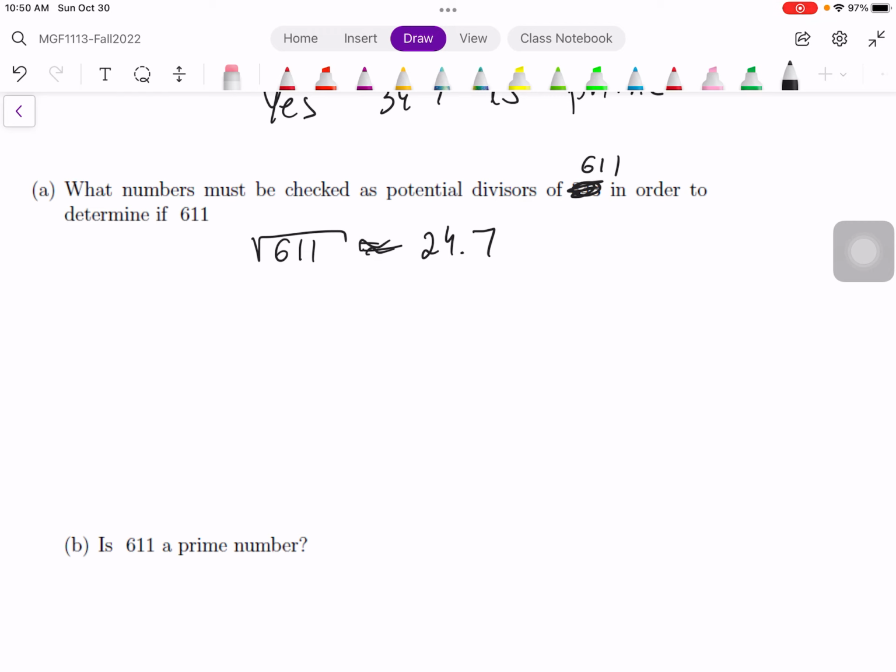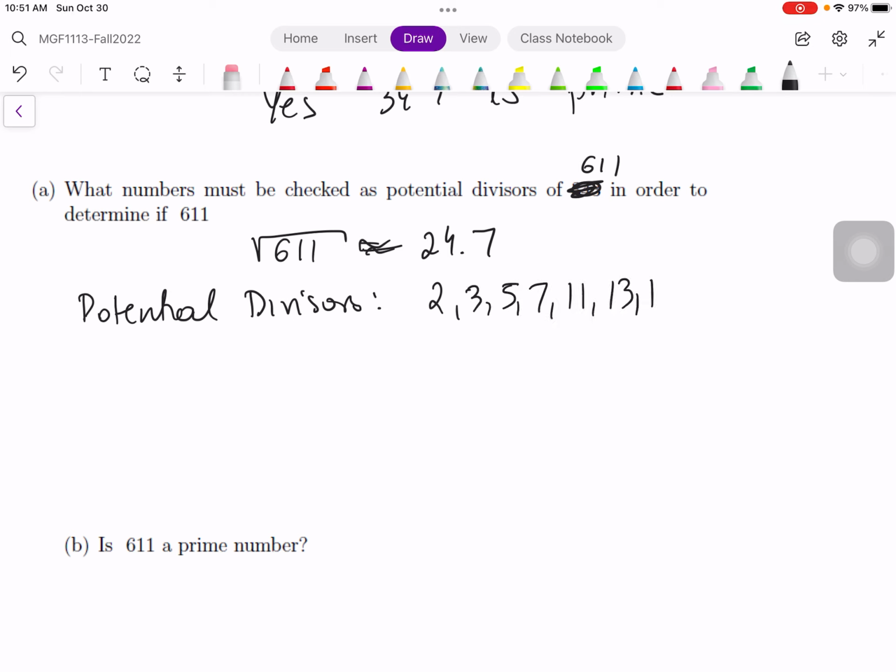So potential divisors are all prime numbers up to 24: 2, 3, 5, 7, 11, 13, 17, 19, and 23. Again, look at the beginning of the exam. You're going to have the list of prime numbers up to 100, so you can just use the list given.